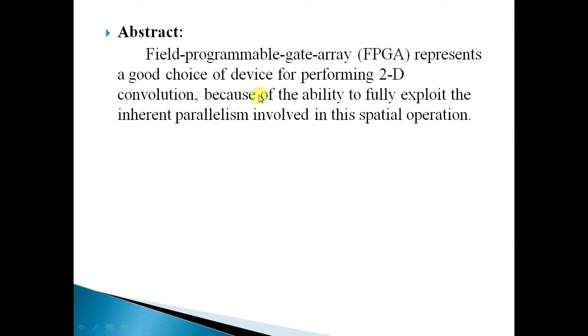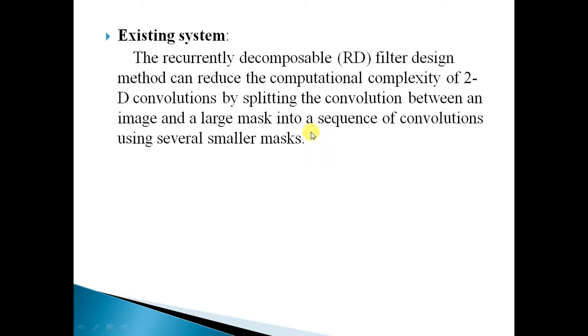Your specified image is going to be processed as a 2D convolution, that is, two rows, two columns convolution. So this field programmable gate array will become a good choice for performing this 2D convolution, because its ability is fully exploited in the parallelism involved in the spatial operation.